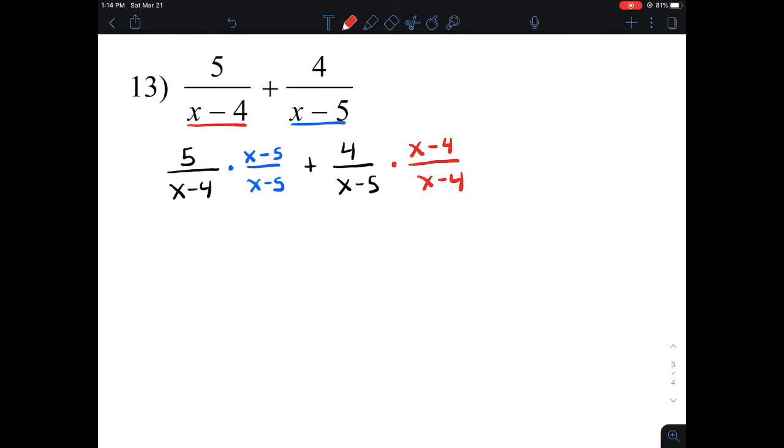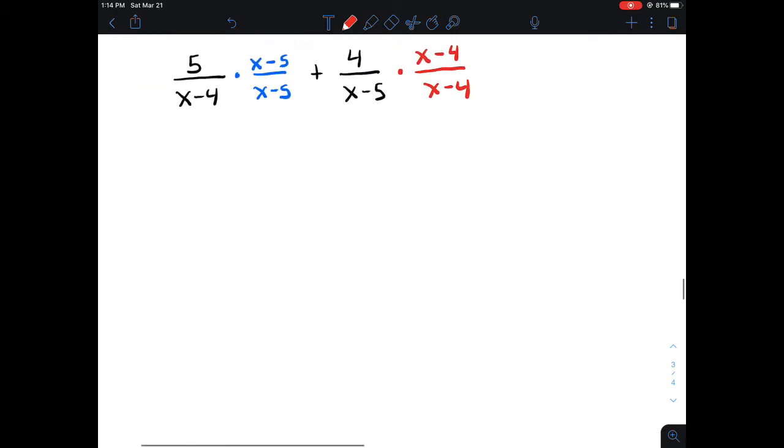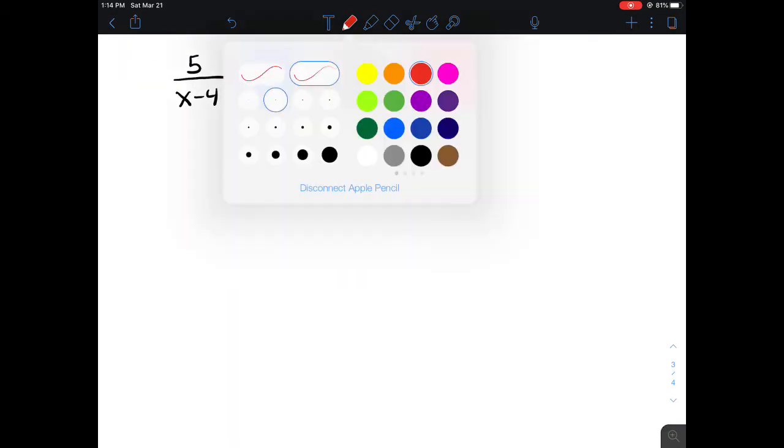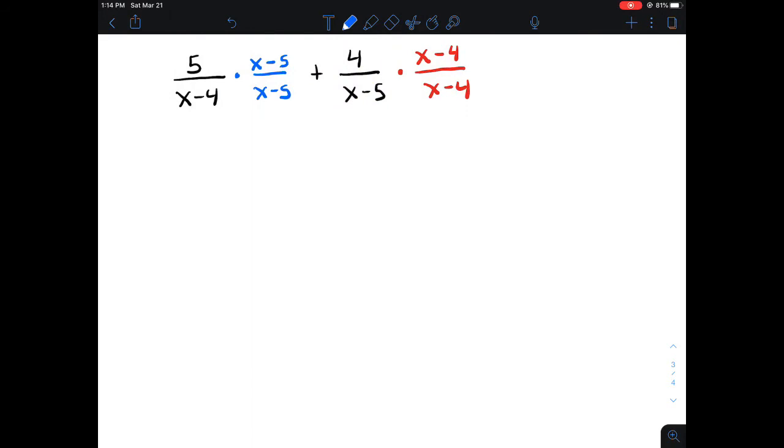Now, I'm going to multiply out the numerators. So my fraction here on the left-hand side is going to become 5x minus 25 over, now I'm not going to FOIL out the denominators. I'm going to leave it as the product of x minus 4 times x minus 5.